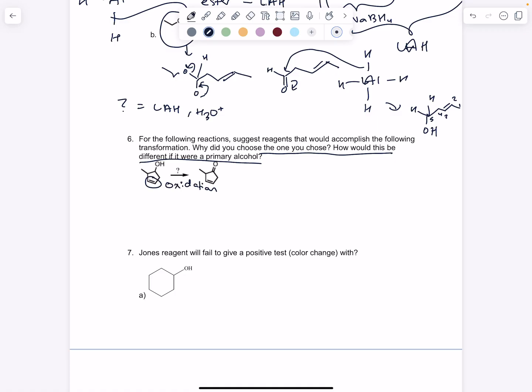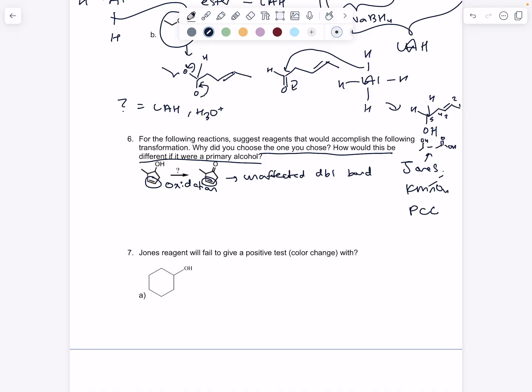But there's also right here a double bond that is unaffected. That matters, because our three reagents that we can use for oxidizing are Jones, KMnO4, or PCC. And so looking at these, Jones will take a primary to a carboxylic acid.